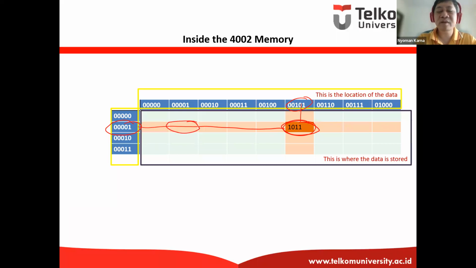To retrieve data from this cell, you need to send 00001 and 00001. How about if I want to retrieve this data? Okay, you need to send the address of 00011 and also 00011.